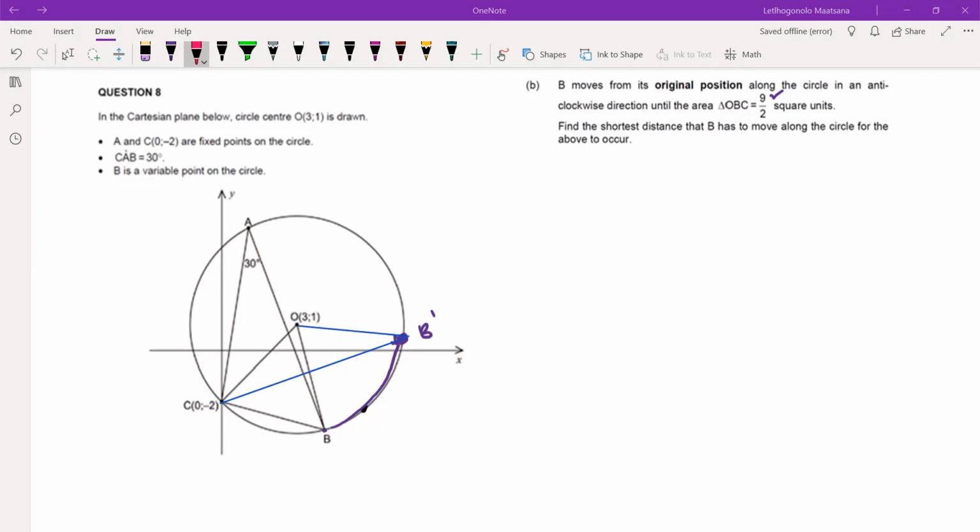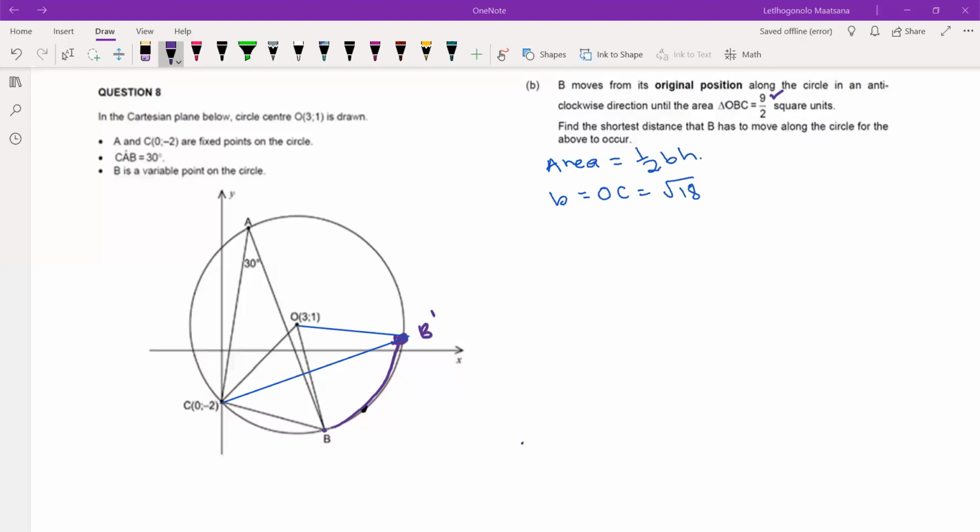OBC. Now the area of the triangle is given by half base times height. In this case, we'll let our base be equal to OC, which is the radius of our circle, and we have shown that before.